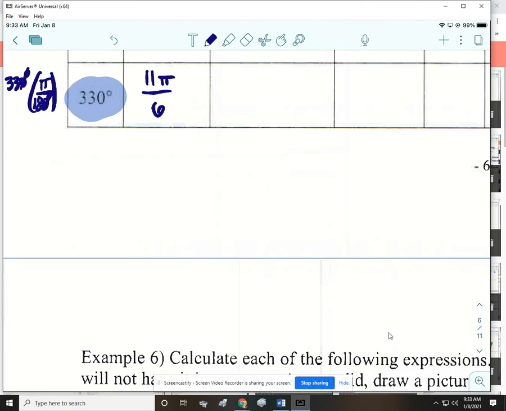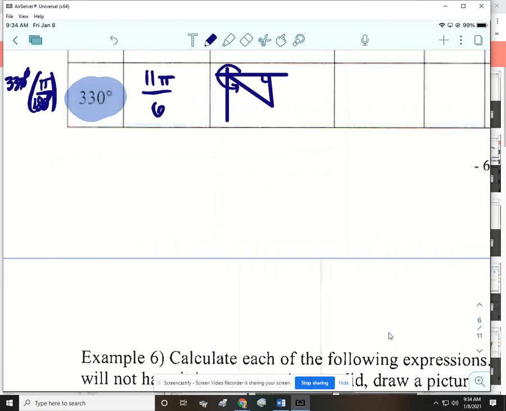All right, 330 degrees is in quadrant 4. So I'll draw my right triangle in quadrant 4. Now, all the way around to there is 330 degrees.